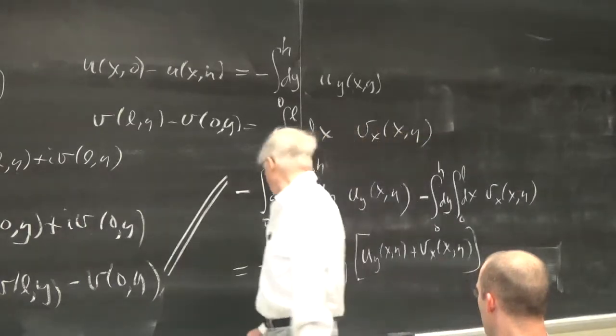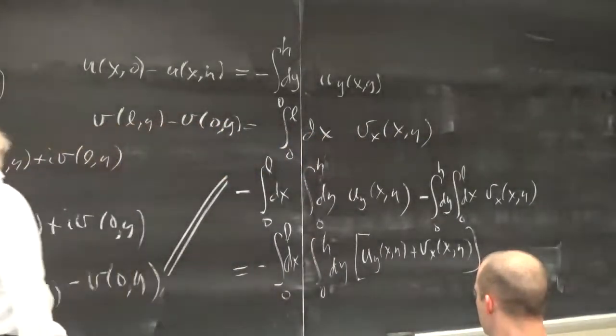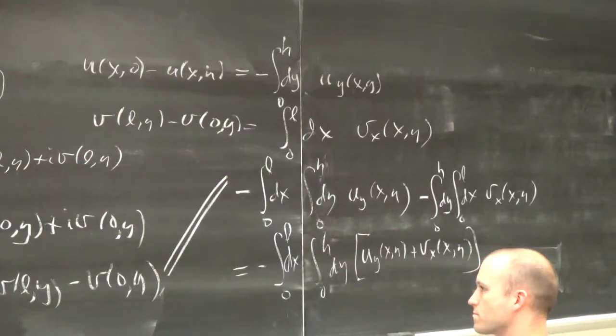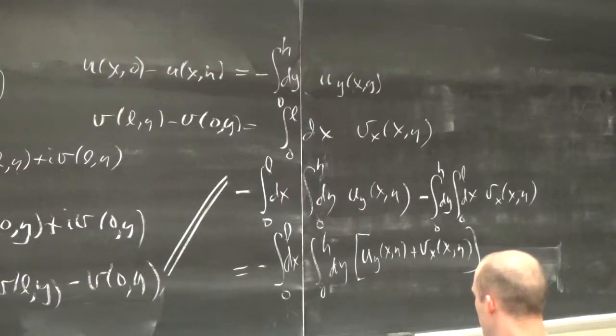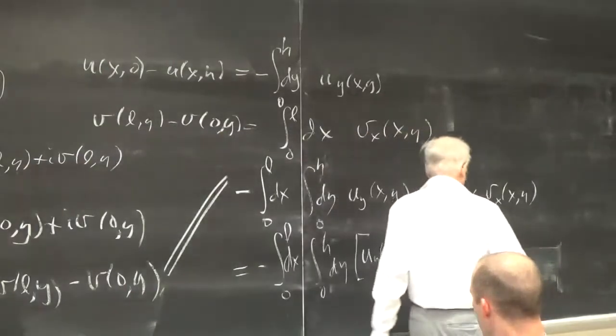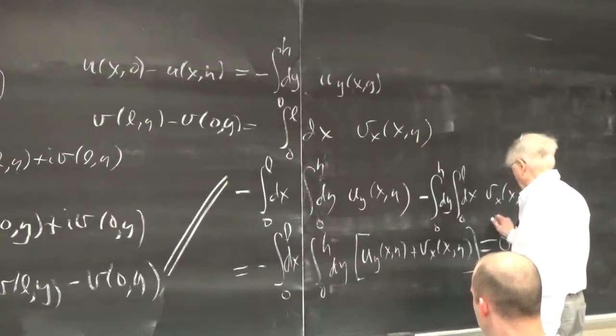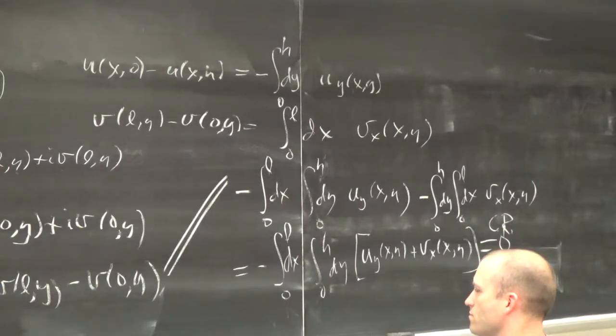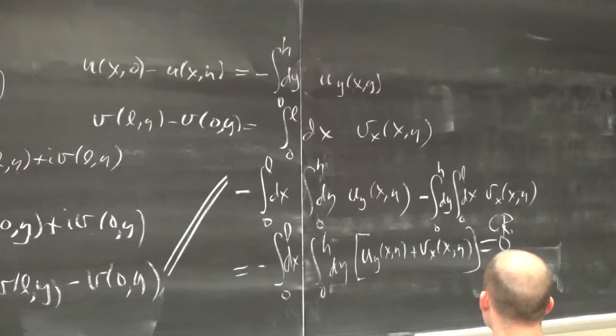But now the sum of those two, u sub y and v sub x, one is the opposite of the other, so they add to 0. So this thing is 0. So this is 0 by the Cauchy-Riemann conditions. We do the imaginary part, it works out in exactly the same way.